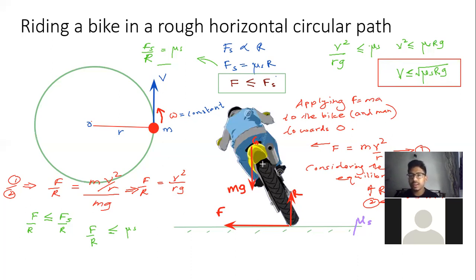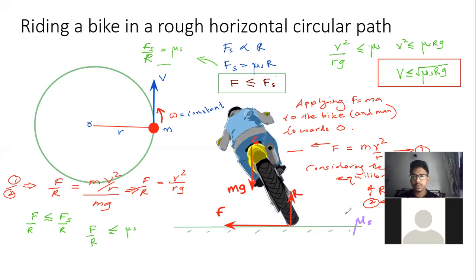Actually, equilibrium is not the right word here. This object is not in equilibrium because it's experiencing a centripetal force, right? But anyway, in this picture, it's kind of an equilibrium because, due to the motion, this bike tends to skid in this direction. Let me mark.